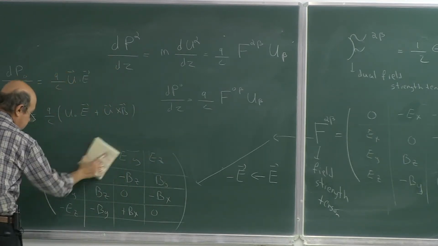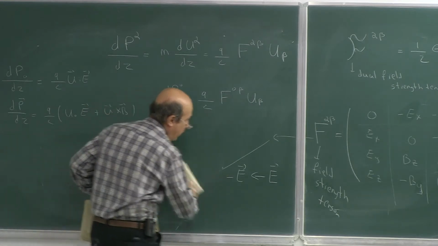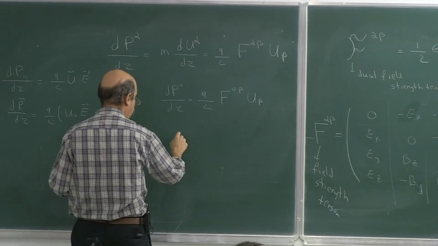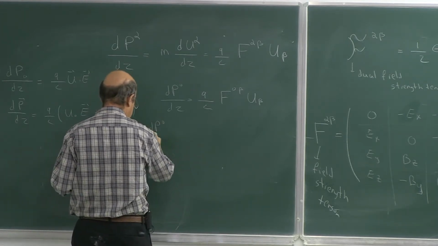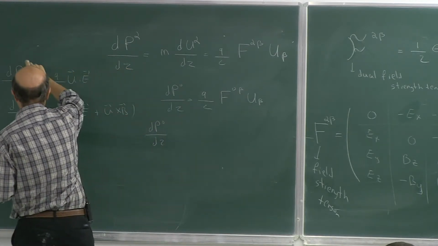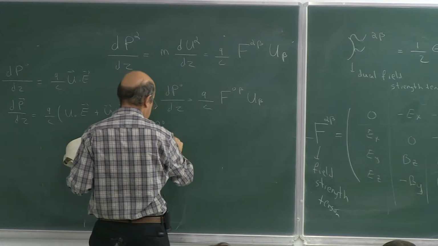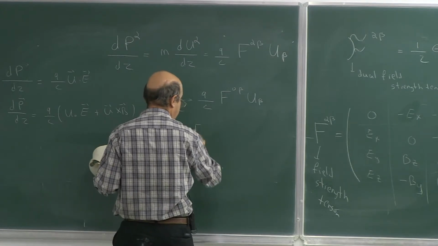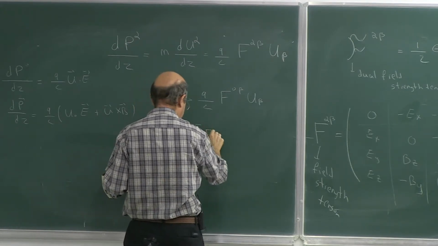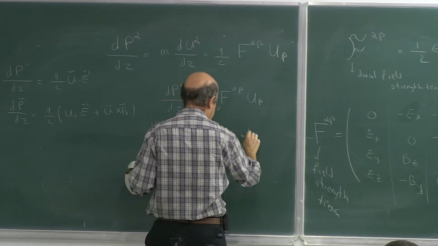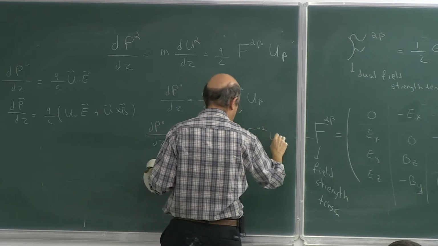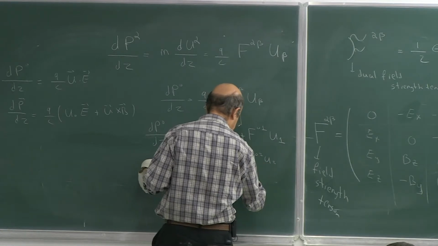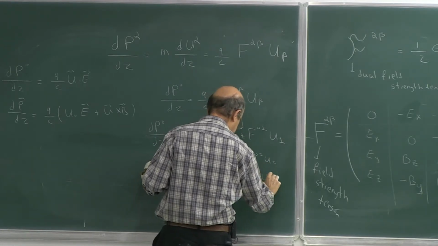So if this is up, this should be up again, sorry. So that is equal to q over c times F0 0 u0, F0 1 u1, F0 2 u2, F0 3 u3.